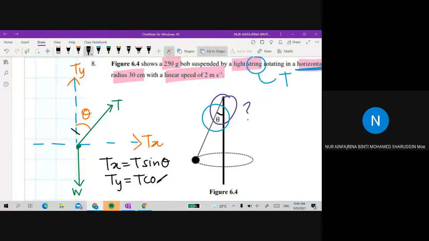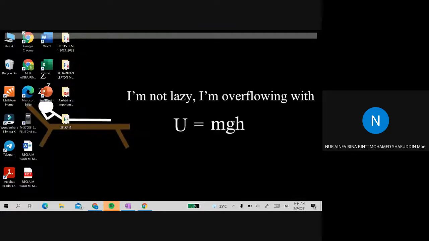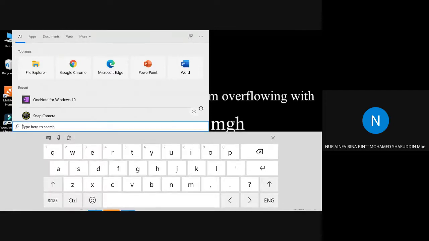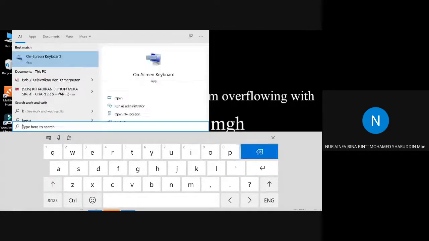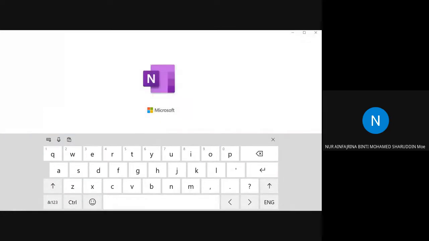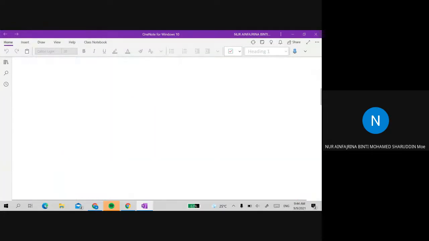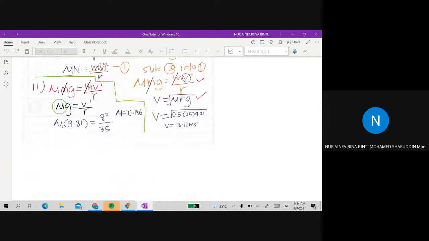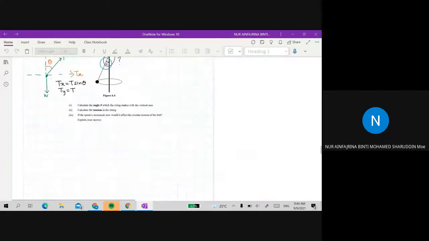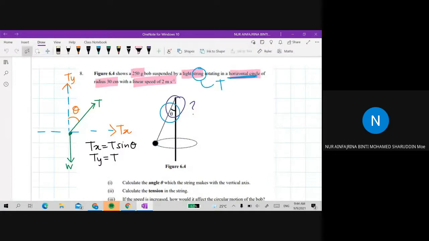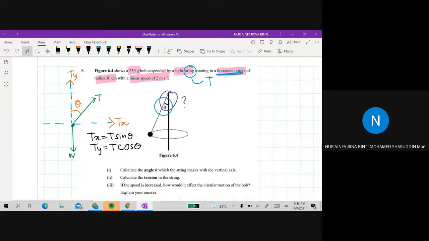Okay, so right. Kenapa dia hilang ni tiba-tiba? Okay, now it will become T cos theta. Alright, now how are we going to find for the angle?